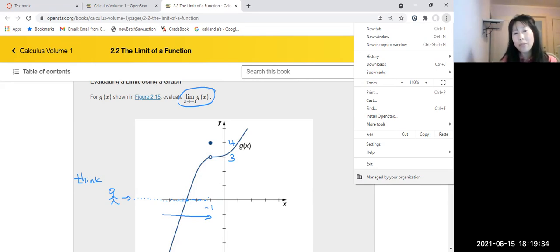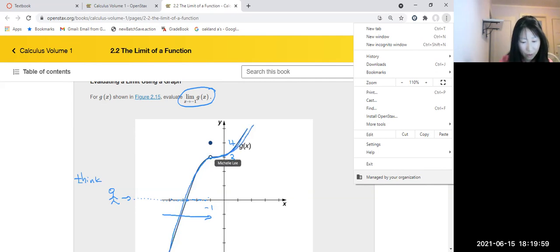So what is the y value? 4. So we just say g of x is equal to 3 or 4? 3. Oh, not the 4. Oh, because it's included in it? No, g of x is, look, g of x is this one. Can you see that?